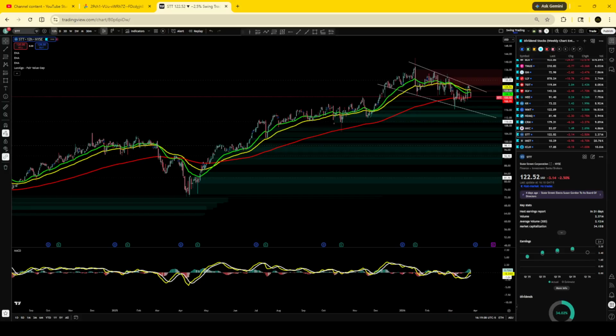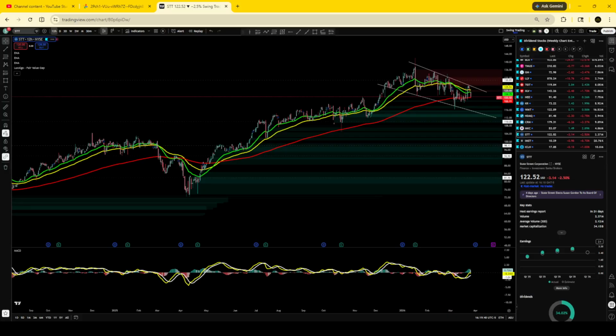If structure is bullish and support holds and MACD confirms, look for long entries. If structure is bearish and resistance holds and MACD confirms, look for short entries. If conditions don't align, stay out. Indicators don't make decisions, you do.